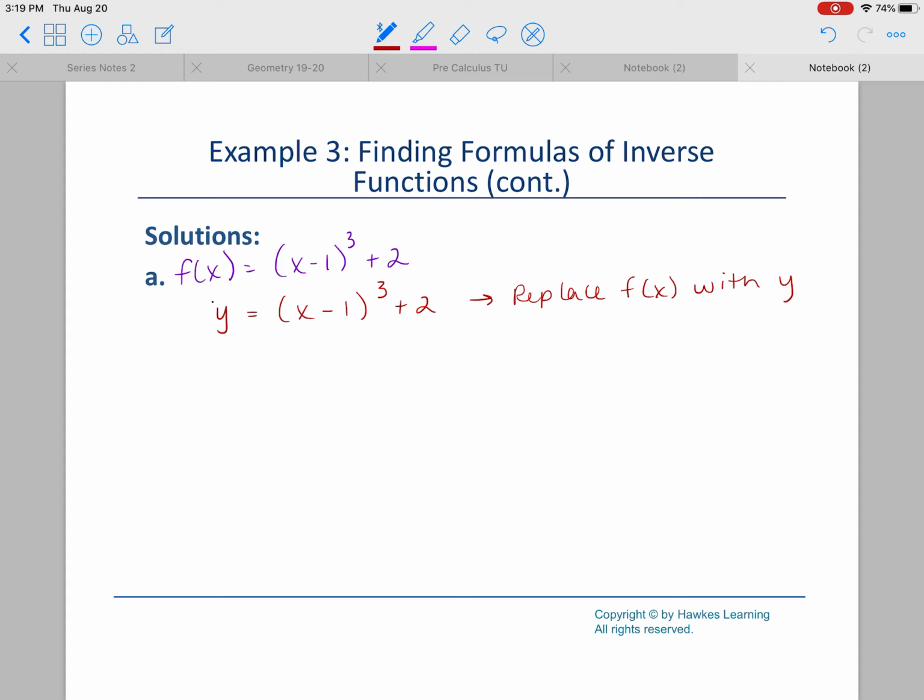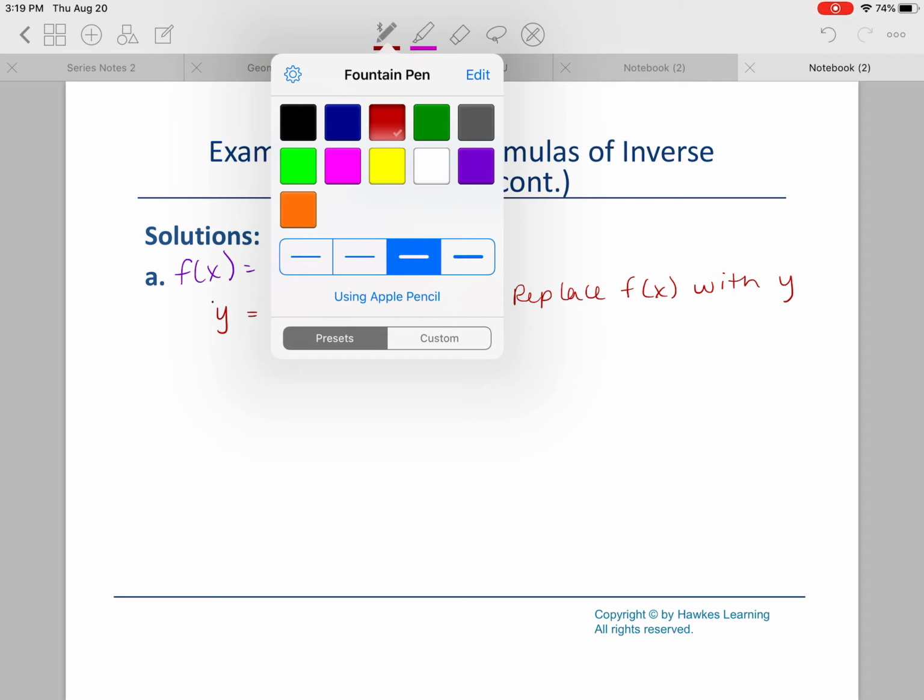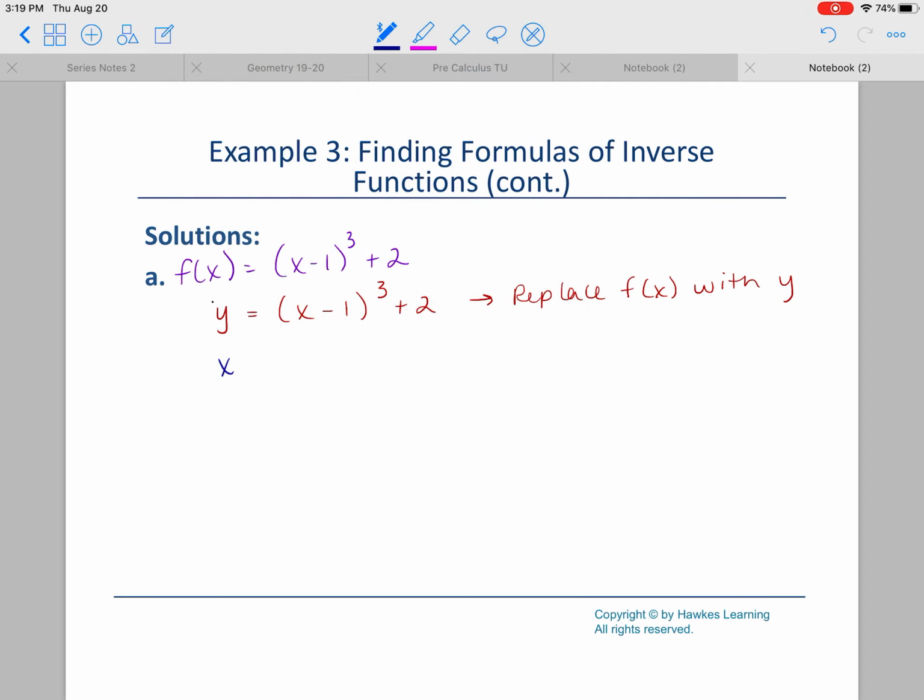That was my first step. Second step, everywhere there's a y, it's going to turn to an x, and everywhere there was an x, it's going to turn into a y. So my new equation now is going to look like x equals (y minus 1) to the third plus 2. Switch. So all there is, is switch x and y.